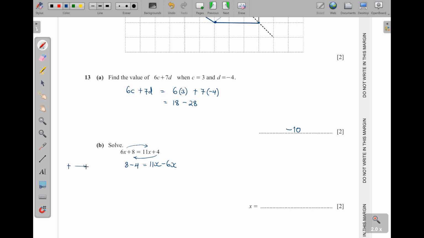If it is a plus, we undo it with a subtraction. If it is a multiplication, we undo it with a division. Okay, and the reverse is true. So this is 4, which is equal to 5x. How do we then undo the multiplication? We shall divide all through by this 5. So that means our x is going to be equal to 4 over 5 or 0.8.